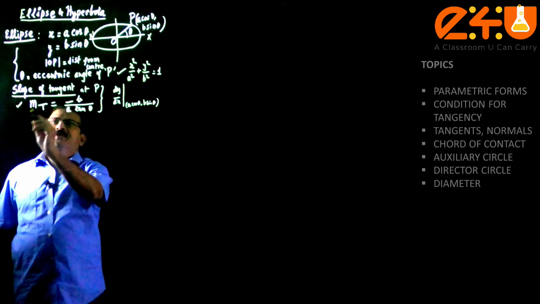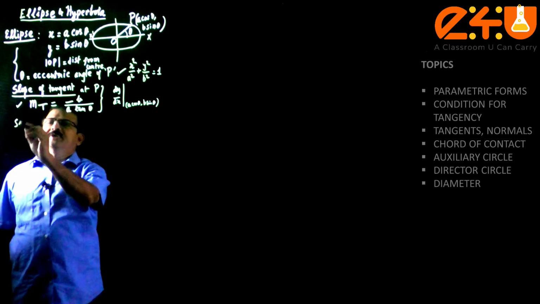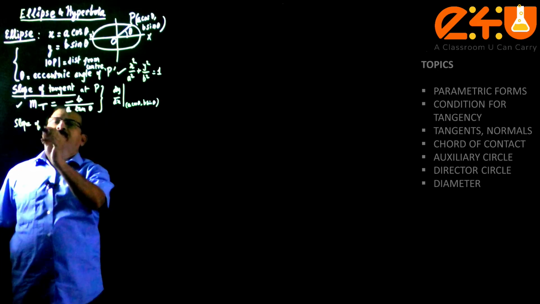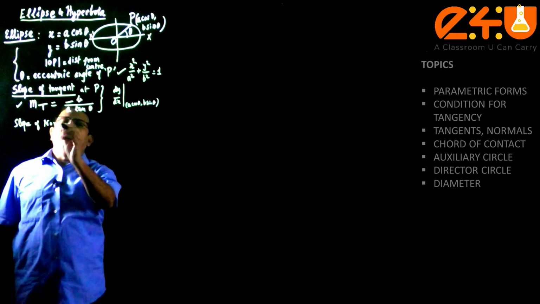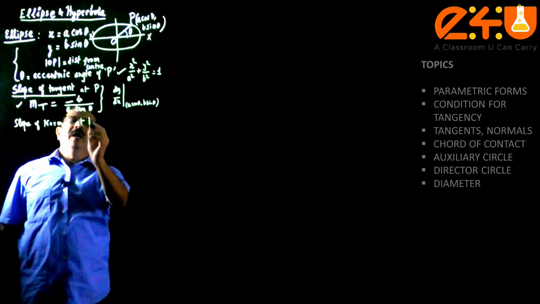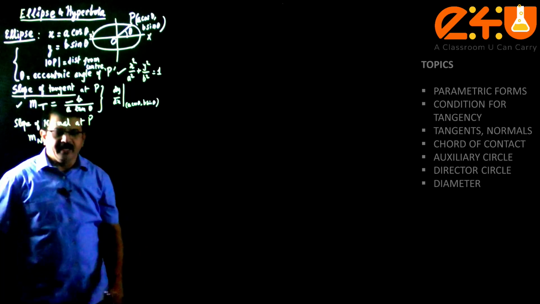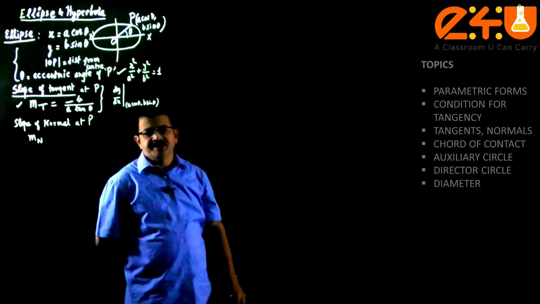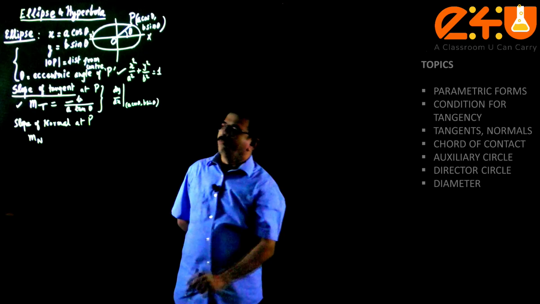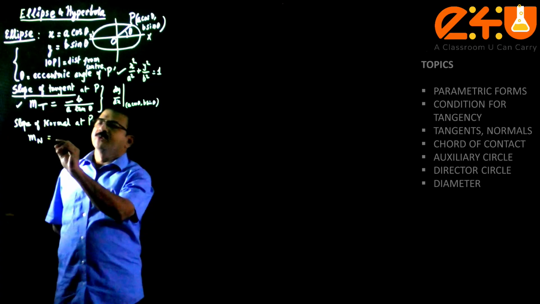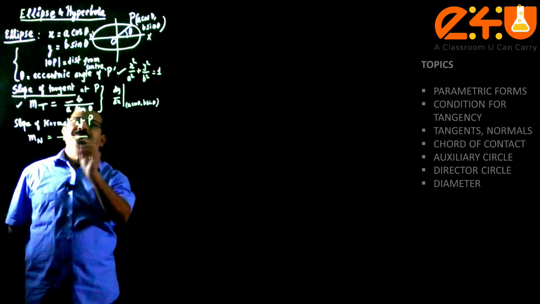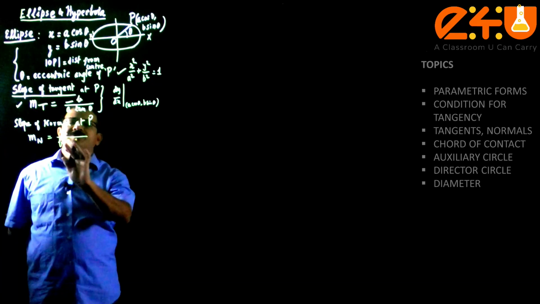Once we come to the understanding of slope of tangent, we are able to write the slope of normal at point P also. So let me denote it by slope m subscript n for normal. So we know it is negative reciprocal.